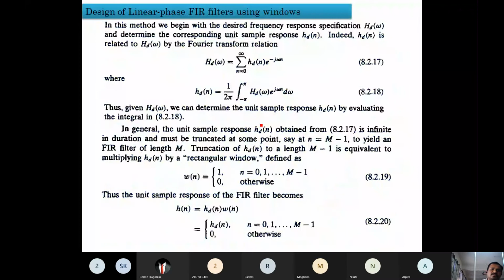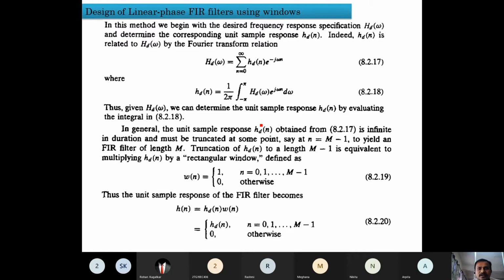And we discuss the design of linear phase FIR filters using windows. In this method, we begin with the desired frequency response specifications. So instead of going for the general equation of frequency response characteristic, that is H of omega, we go for the desired, the required frequency response from a filter.